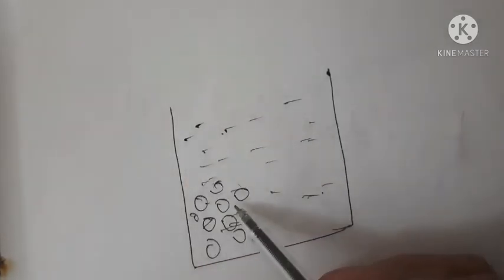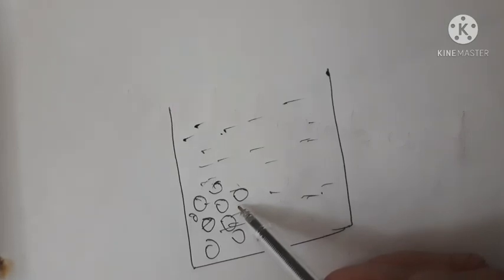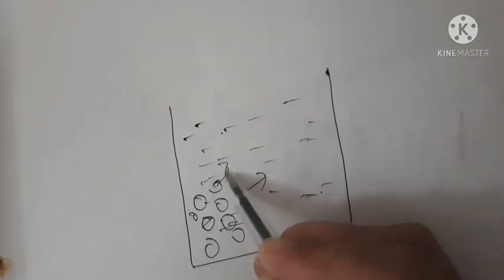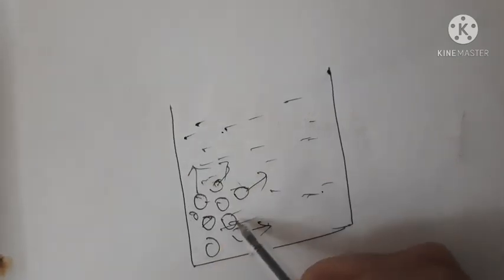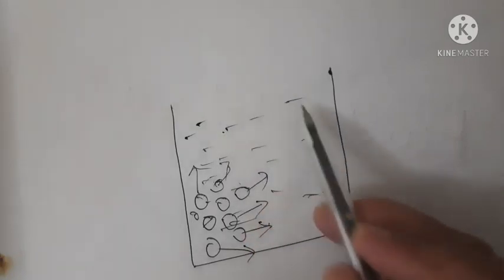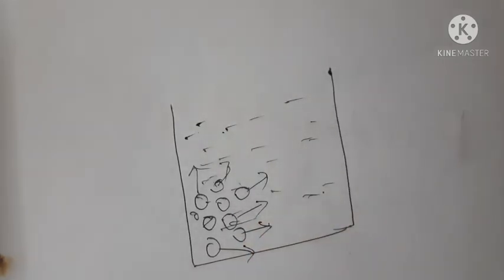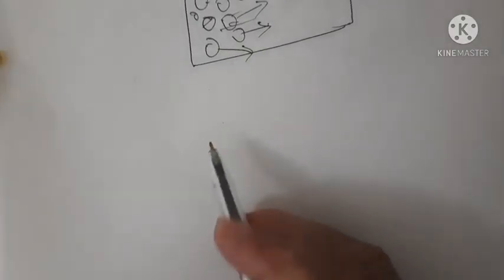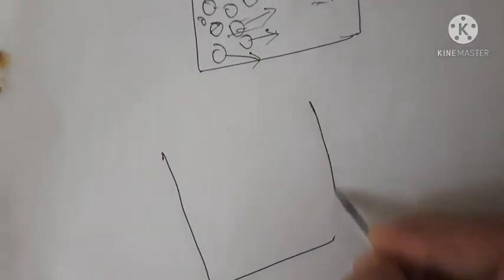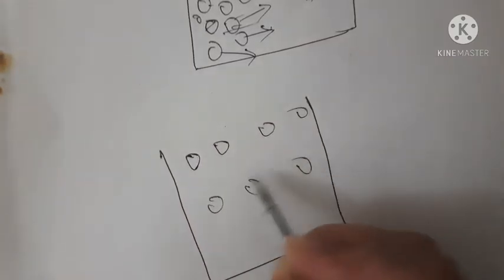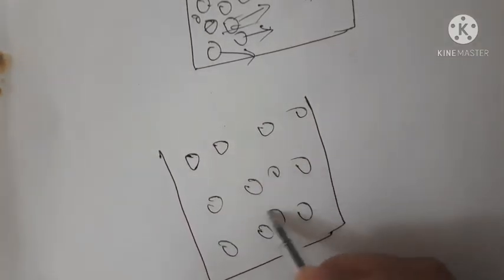Now this ink is made up of particles, and you know that particles of matter are continuously moving. So these particles of ink move to the region where the amount of ink is less, until it is distributed uniformly.